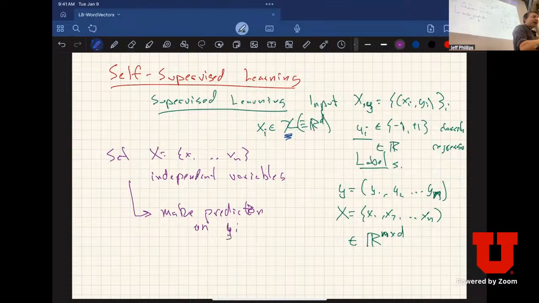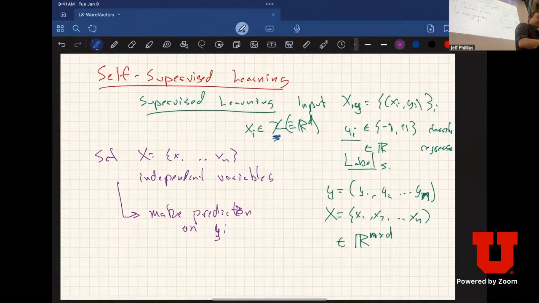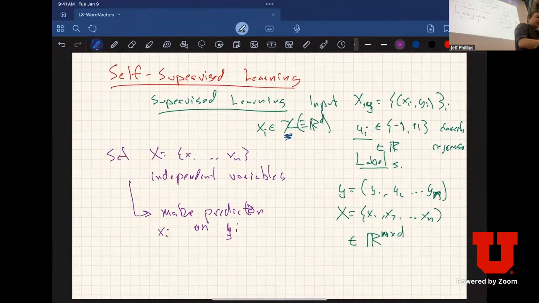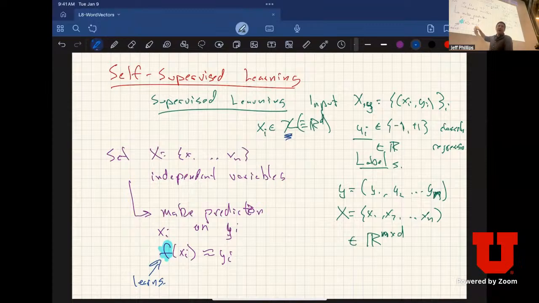So from xi to yi, there should be some function that I'm going to learn. What machine learning does is it learns this function f, where the output should be close to the value yi. This is what supervised machine learning does. Okay, and yep, Y's are the labeled values I'm given as part of the input.